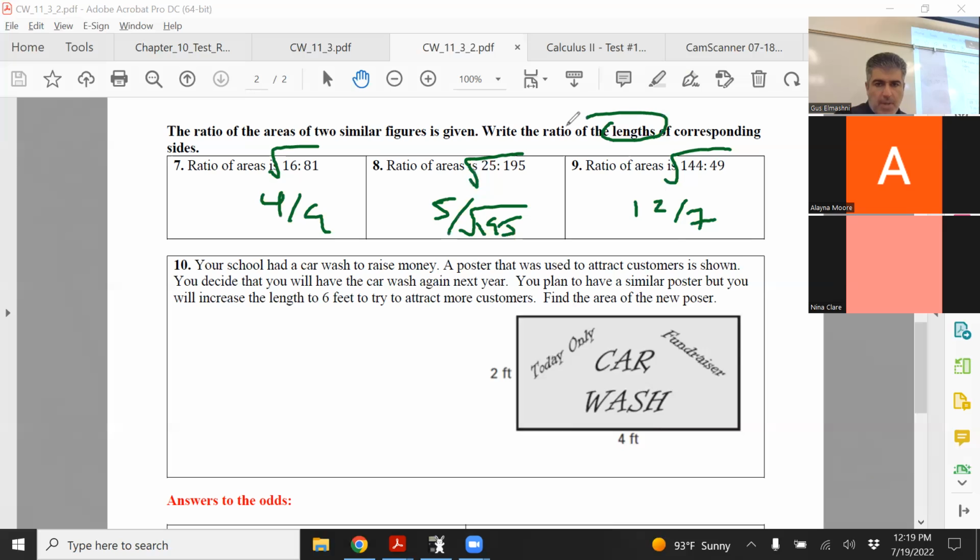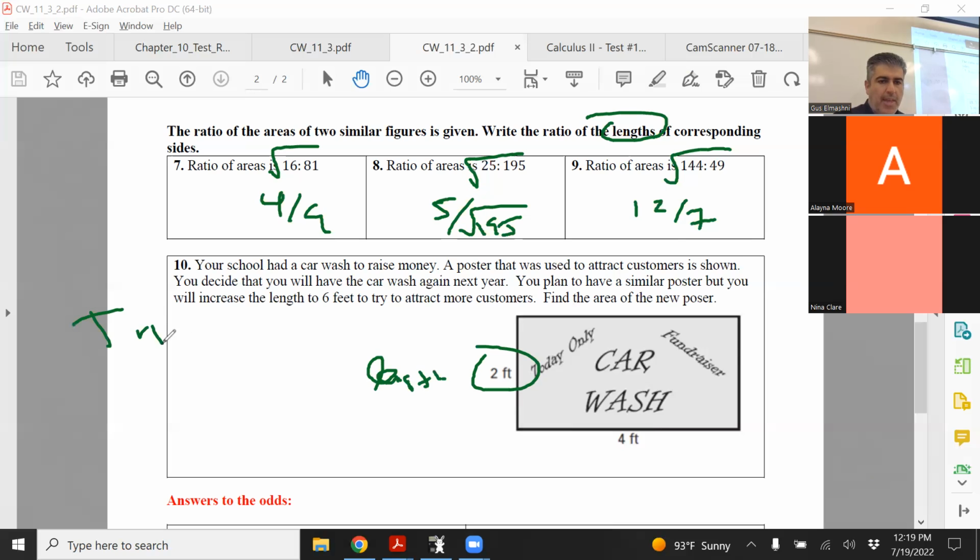And then you're trying to raise money. You plan to increase the length to 6 feet. Well, I don't know which one's the length. Let's assume that's the length.